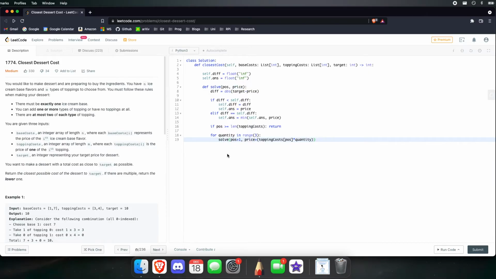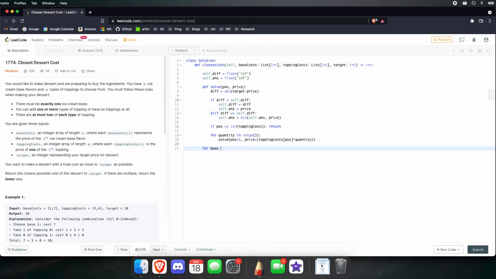And this is really all we need for this recursive and backtracking problem. Keep in mind it's backtracking because if this current quantity didn't work, we will backtrack back to the function that called it and then increment it and go to the next quantity. But this is just for toppings. So now we want to consider starting off with every base.